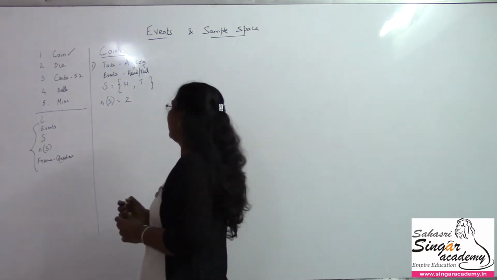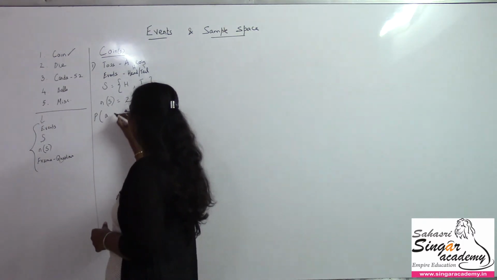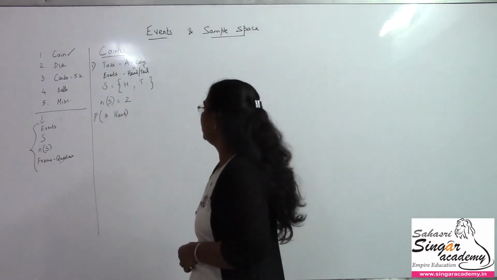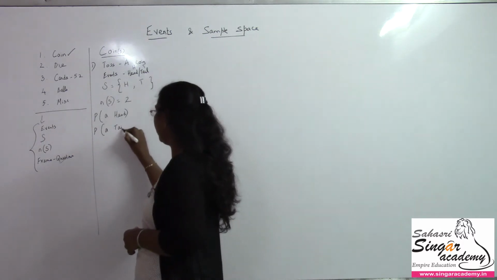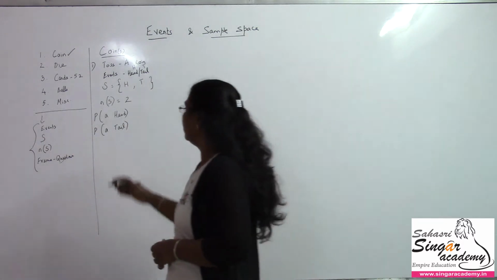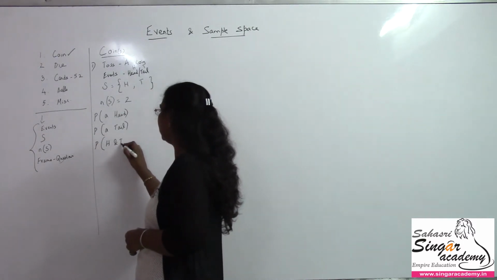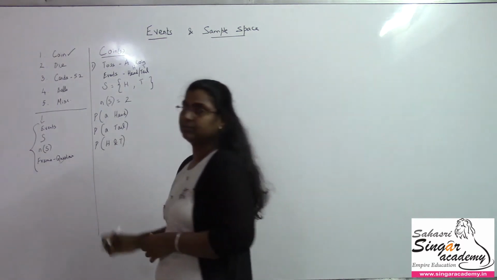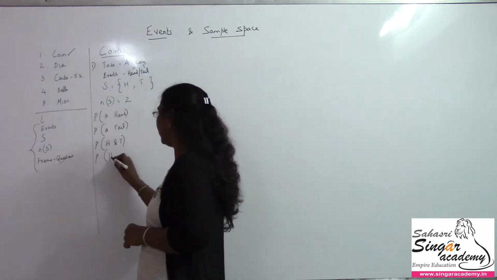The questions we can frame: probability of getting a head, probability of getting a tail, probability of getting a head and a tail, probability of getting head or tail.